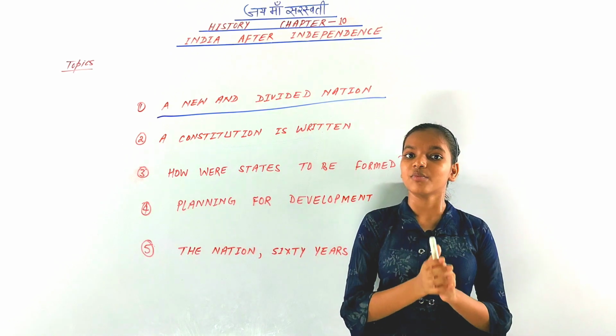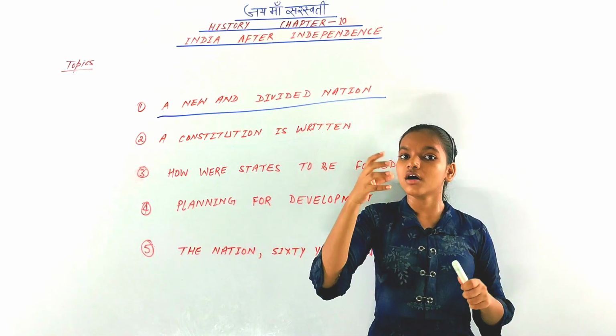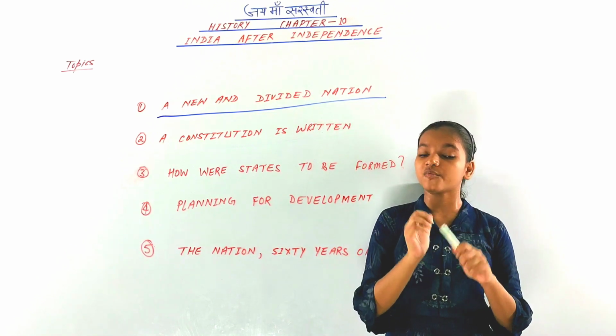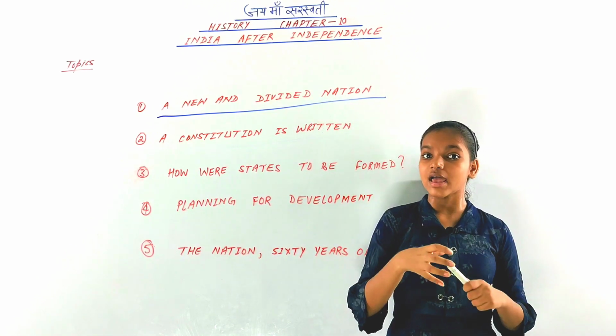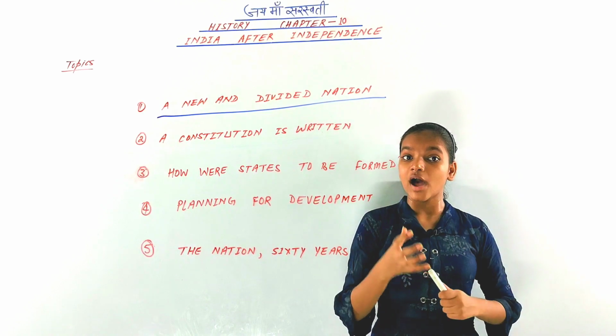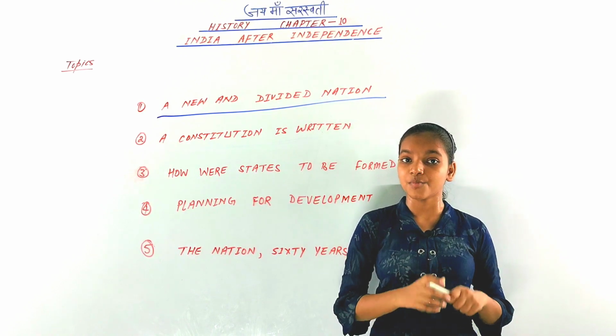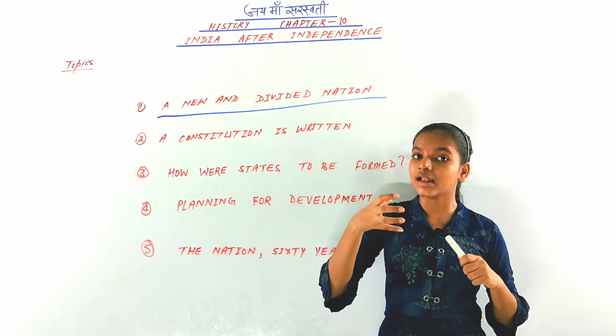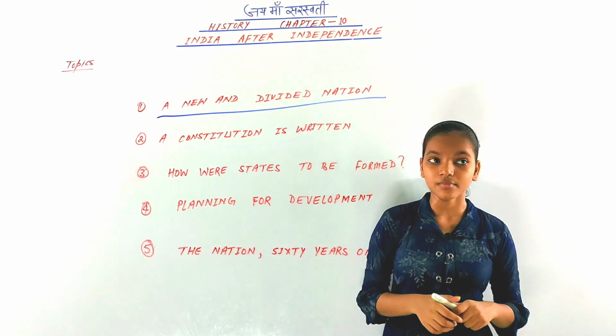But you can see there were many differences. So how could the government's strategy be accepted by all the people of India? How to make the strategy was another problem for the government. How to govern India was another problem. So these were all the problems due to a divided and new nation.